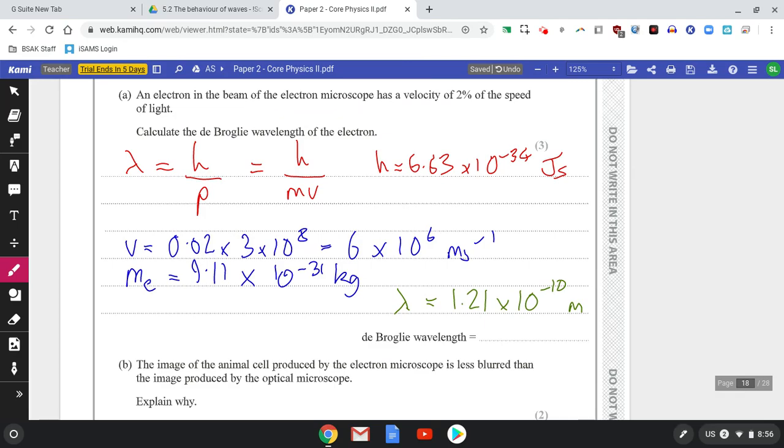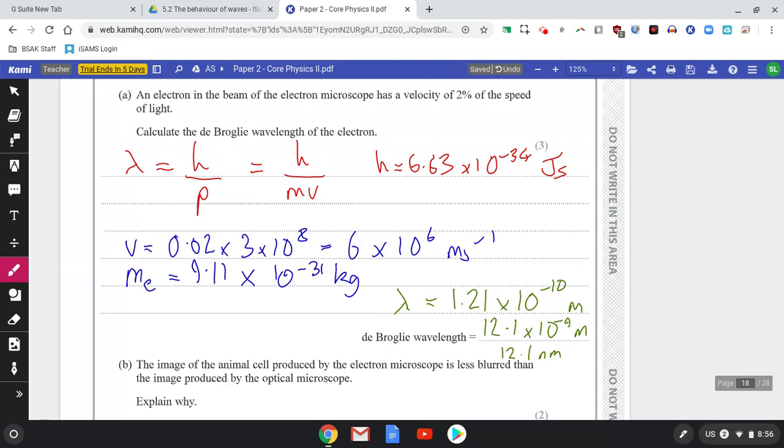Nano is 10 to the minus 9, so this is 12.1 times 10 to the minus 9 meters, or 12.1 nanometers.